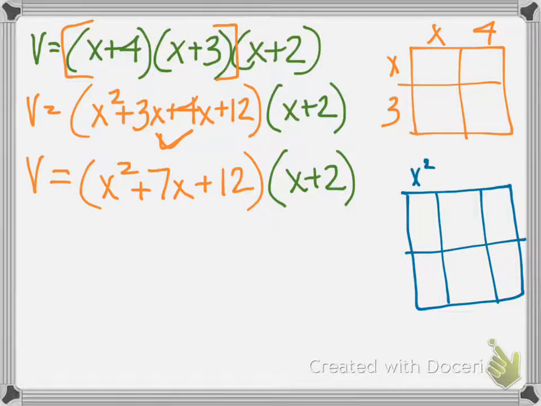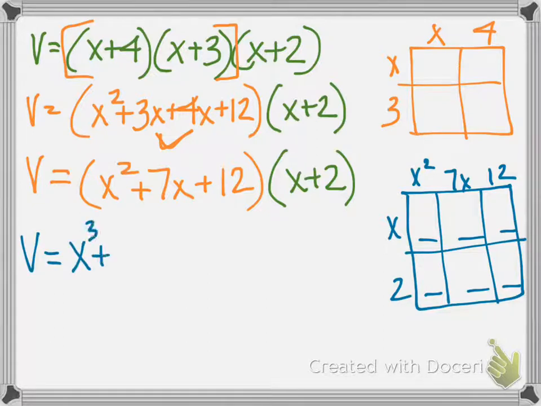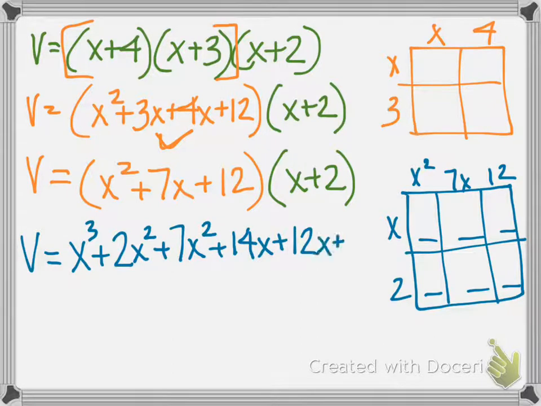So I'd have x squared, 7x, and 12, and then x and 2 here, and I would fill in all of these pieces, and you should get x to the third plus 2x squared plus 7x squared plus 14x plus 12x plus 24. Maybe not necessarily in that order in your rectangle, the area model, but all of those numbers nonetheless.